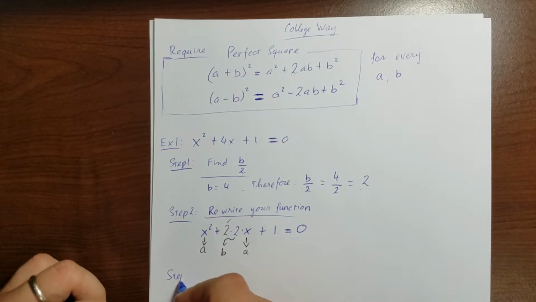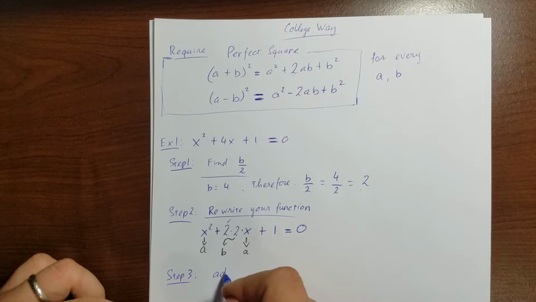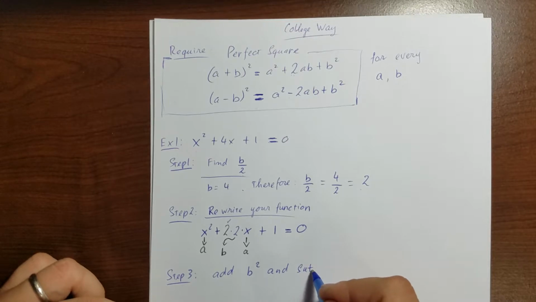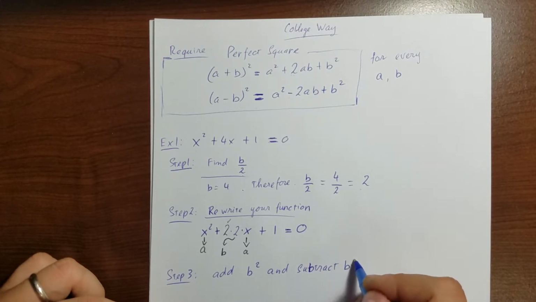So step number 3 will be: add b squared and subtract b squared.